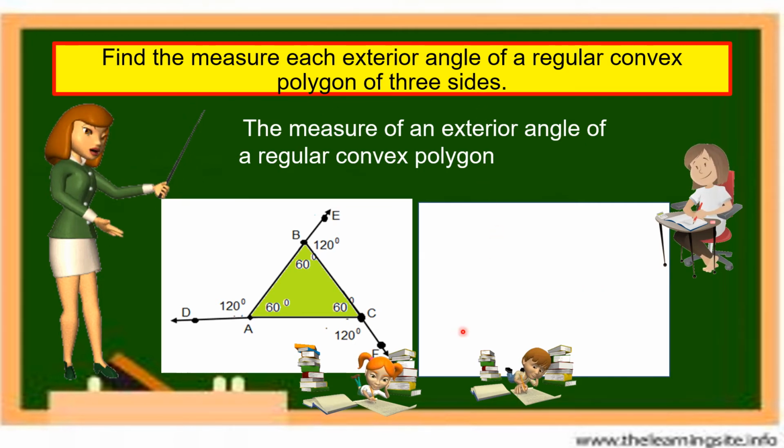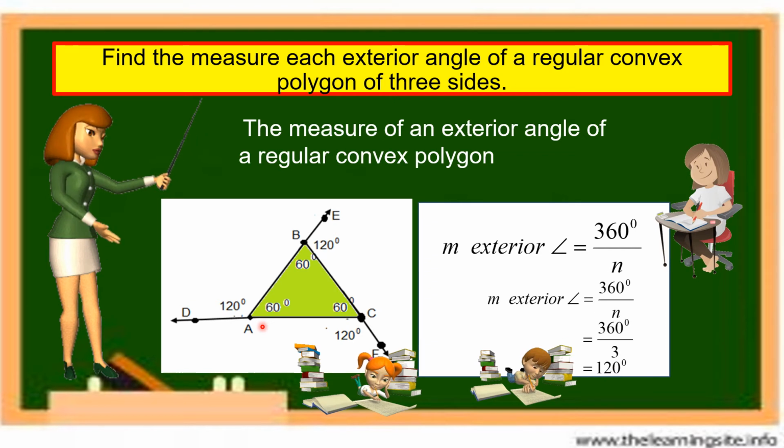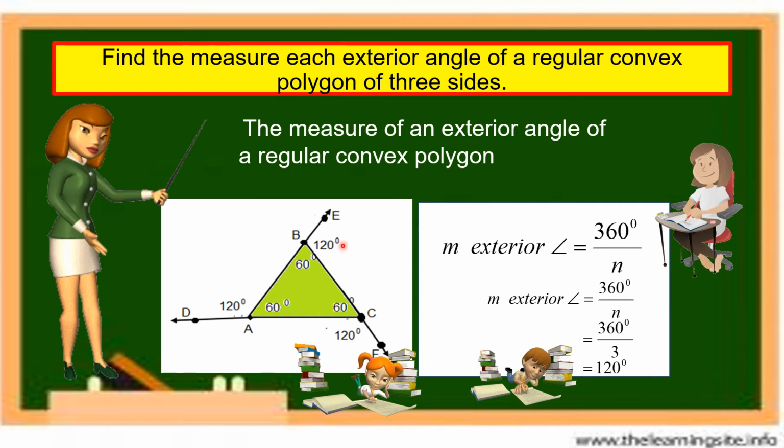The formula is 360 divided by N. What is N? N is 3. So 360 divided by 3. So the measure of an exterior angle is 120 degrees.